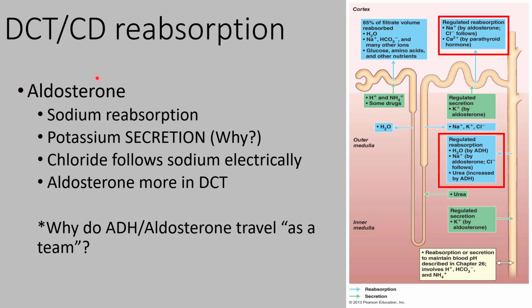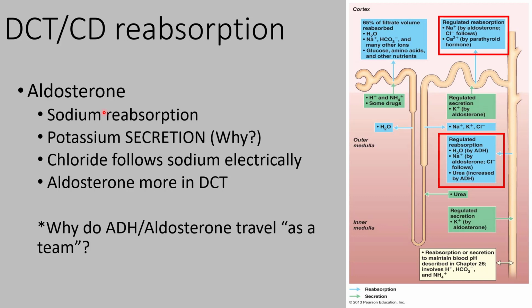Now, aldosterone. When aldosterone is being released, remember, it causes sodium reabsorption and potassium secretion. Why does it do both? Well, remember when we were talking about aldosterone back in endocrine, we said that it causes the insertion of sodium-potassium pumps.